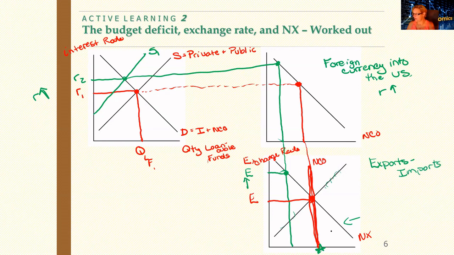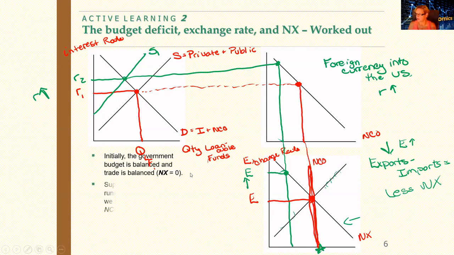And it would make sense, wouldn't it, that if our goods are becoming more expensive, we would export less. So that's why we see that exports would decrease because the real exchange rate increased, which would lead us to less net exports.